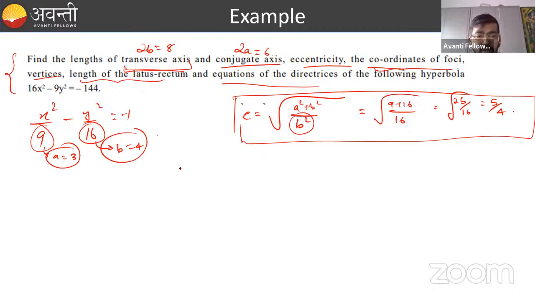Coordinates of the foci. Earlier it was x equals plus minus ae. For the conjugate we have to change x to y and a to b.